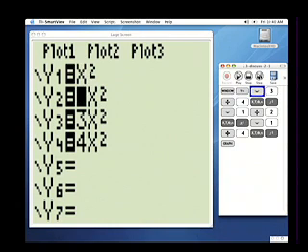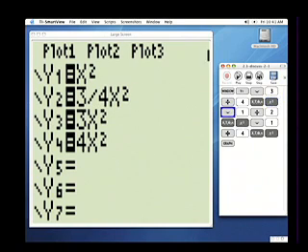We'll move down to y sub 2, and what we need to type in there is the 3 key, followed by the division key, followed by the 4 key, then your x and x squared keys. Remember that your graphing calculator follows the order of operations, which means it's going to do 3 divided by 4 first, because it comes in that order, and then that's going to be multiplied times x squared. Therefore, you don't need to use parentheses.